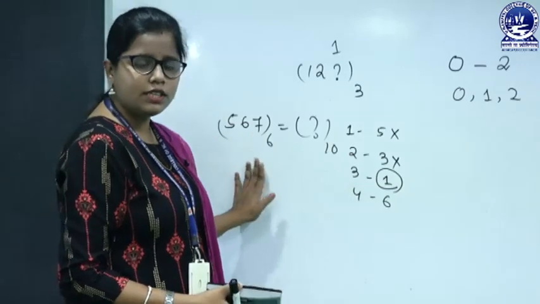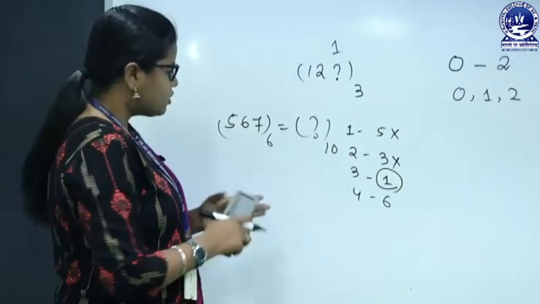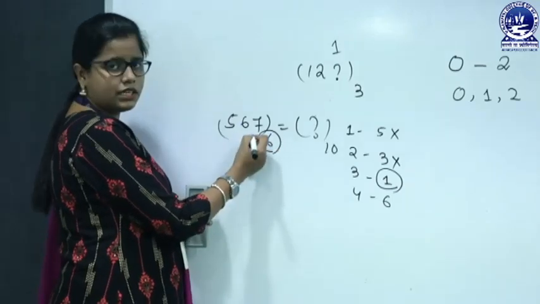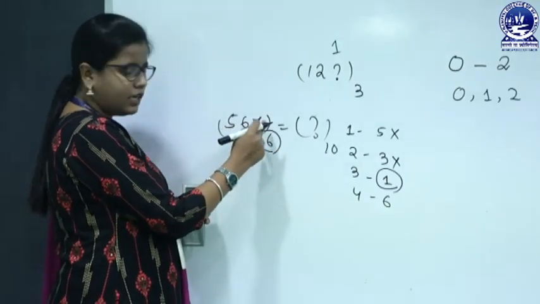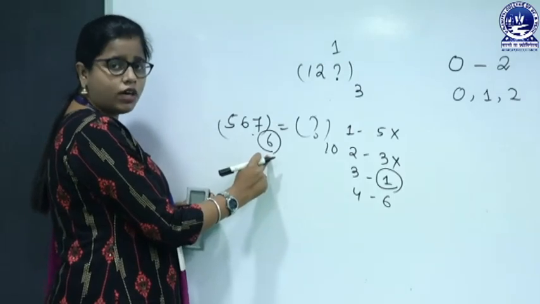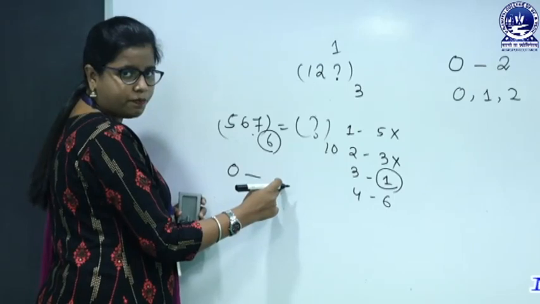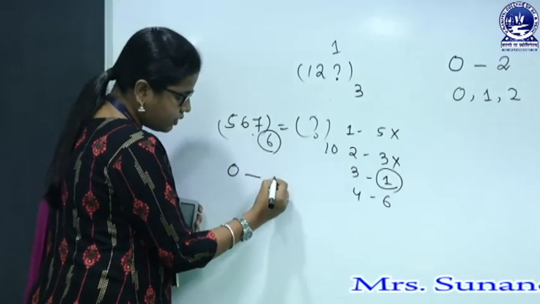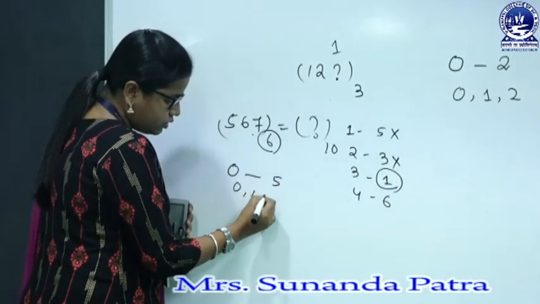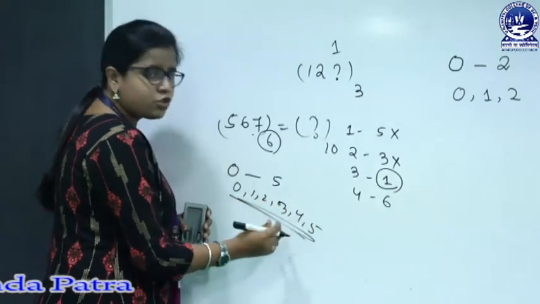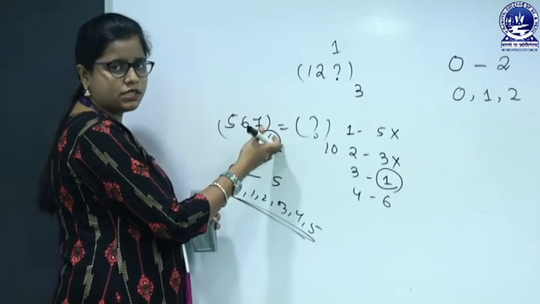First check whether the question is correct or not. So here the base is 6. The digits are 5, 6 and 7. If the base is 6, what should be there? That is 0 to base minus 1. So 6 minus 1 is 5. So 0, 1, 2, 3, 4, 5. These digits should be in the base 6 number system.